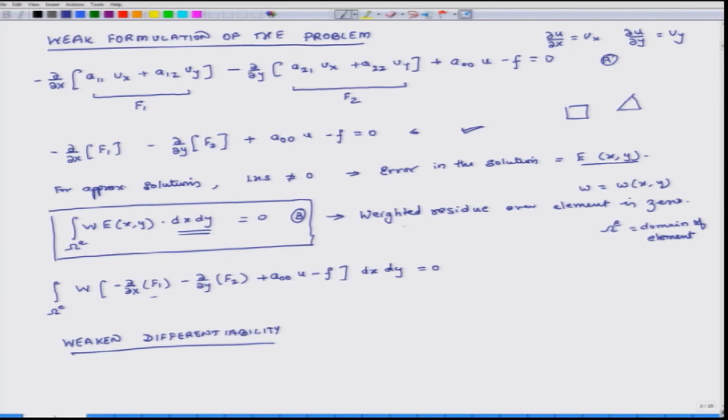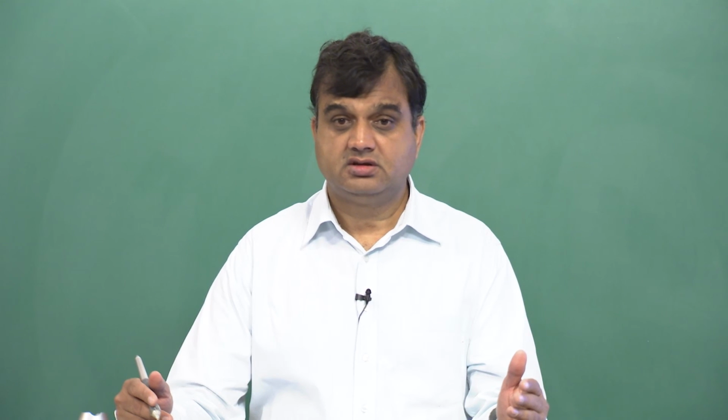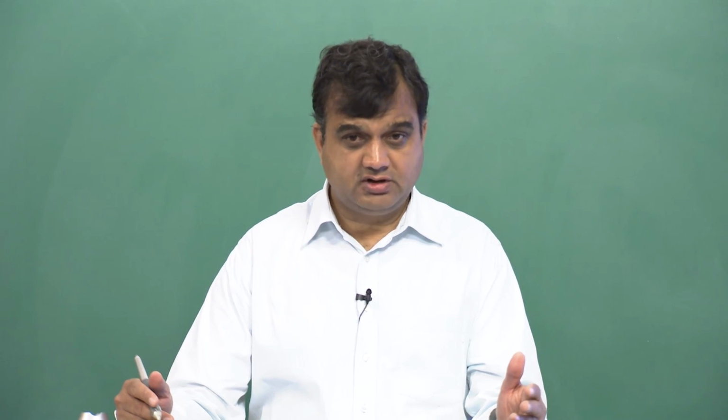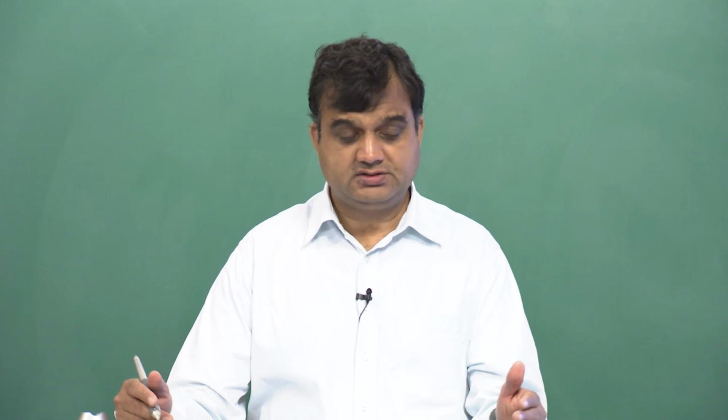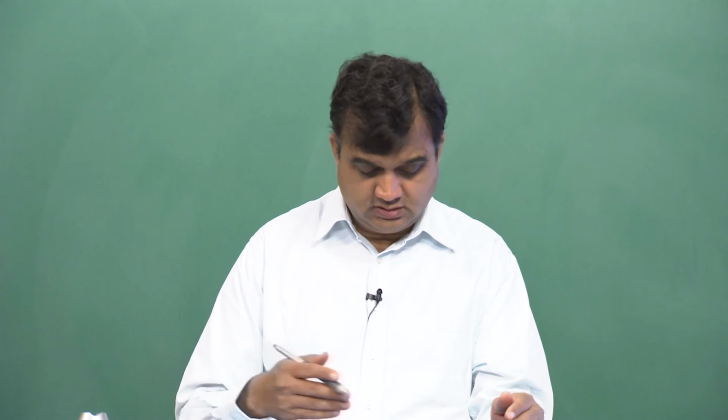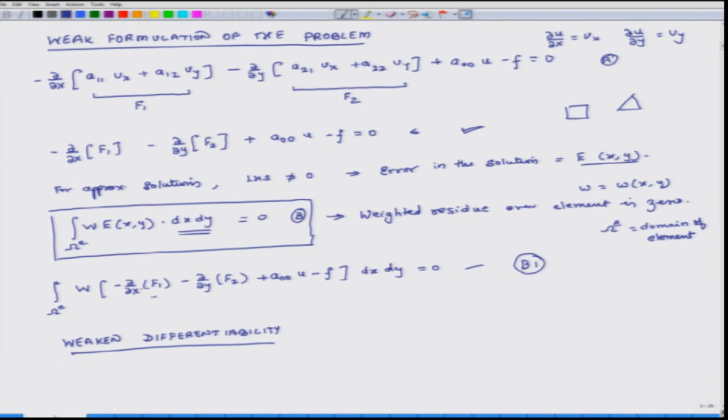So, in this weighted residue statement, which I can call B1, if we replace u with some approximate function of x and y, then it should have at least what order of derivatives? It should have at least second order derivatives, because if it is only differentiable once, then all the terms related to f1 and f2 will become 0.